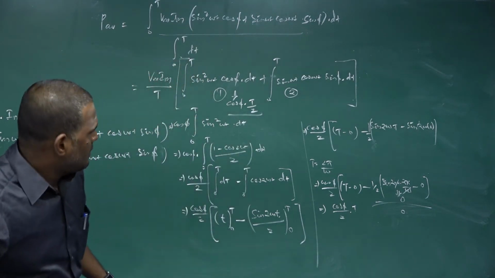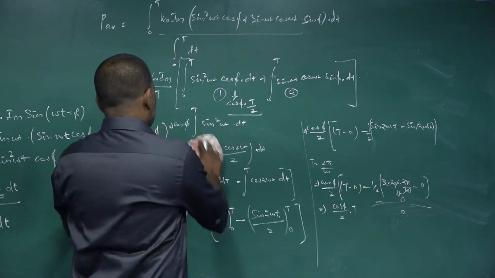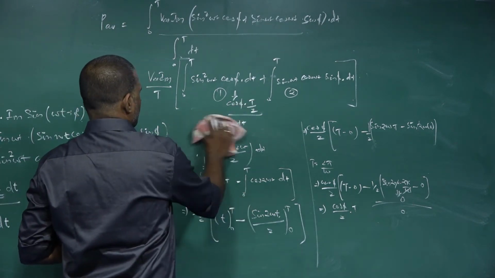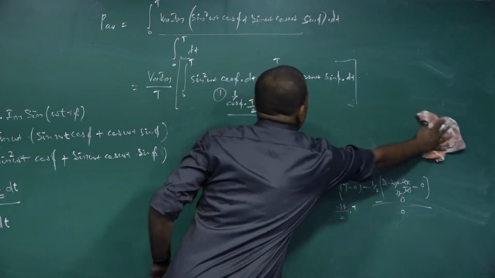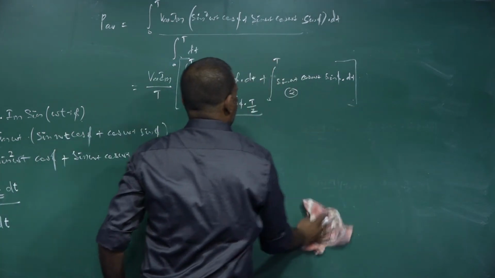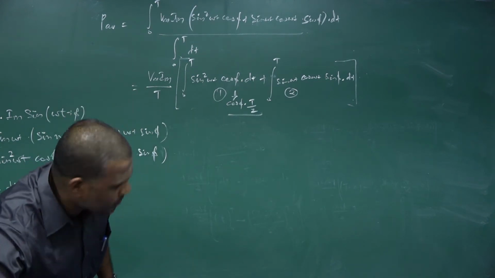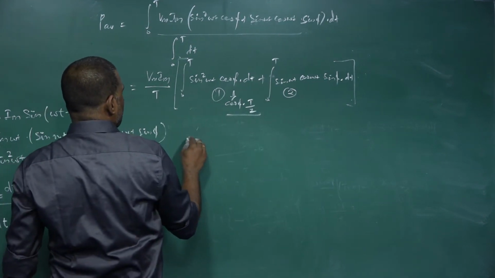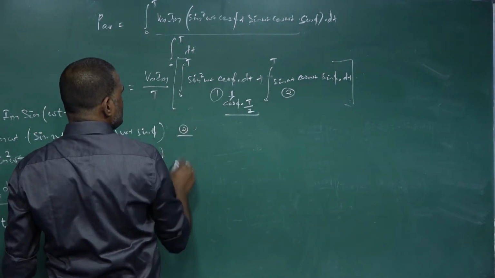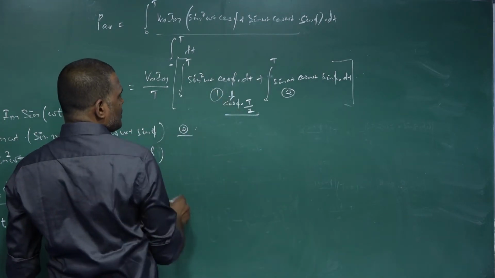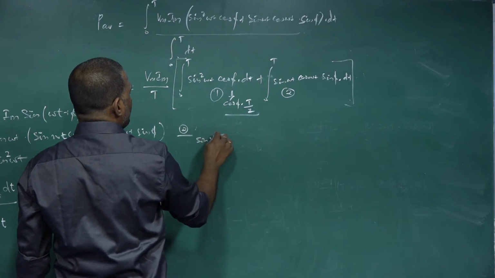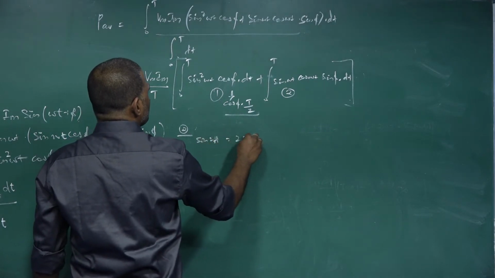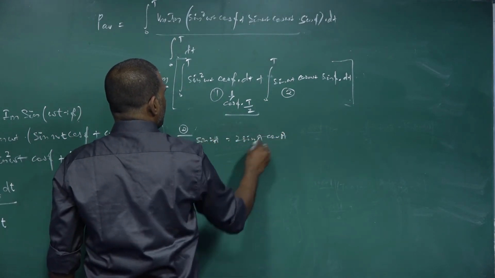Then, for the second integration, the value, I told you, is 0. As you know, sin 2a equals 2 sin a cos a.